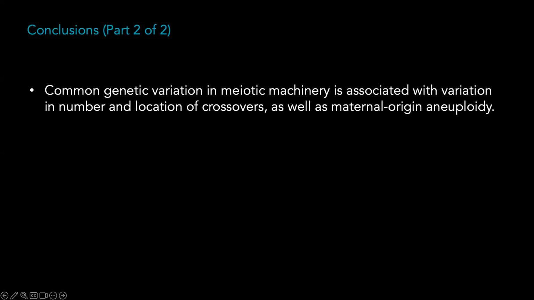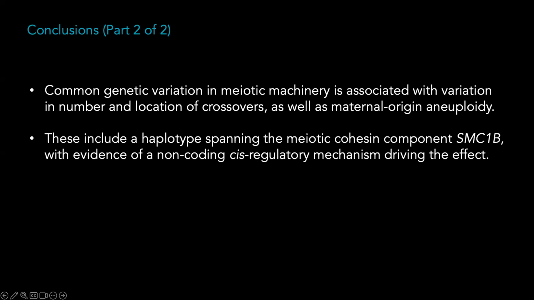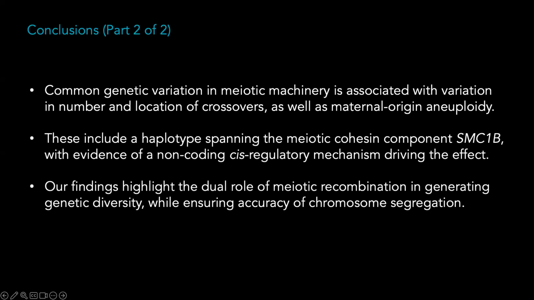Okay, so in conclusion, I showed you common genetic variation in meiotic machinery is associated with variation in the number and location of crossovers, as well as maternal meiotic origin aneuploidy. That includes this haplotype spanning the meiotic cohesin component SMC1B, where we have evidence of a non-coding cis regulatory mechanism that drives the effect. But more broadly, I think our findings highlight the fact that meiosis has to do multiple things.